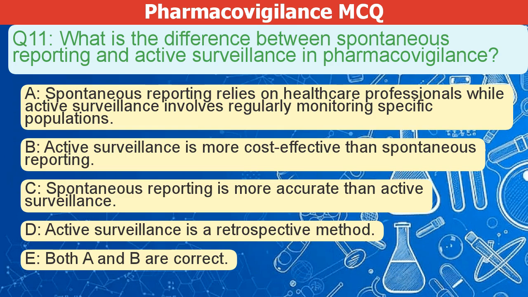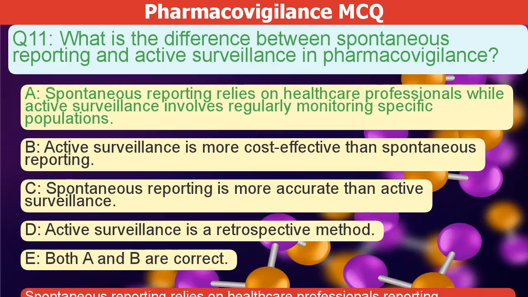D. Active surveillance is a retrospective method. E. Both A and B are correct. The correct answer is A. Spontaneous reporting relies on healthcare professionals voluntarily reporting adverse drug reactions. Active surveillance involves actively monitoring specific populations or databases for potential adverse events.